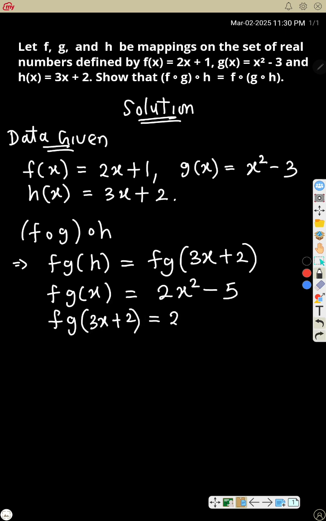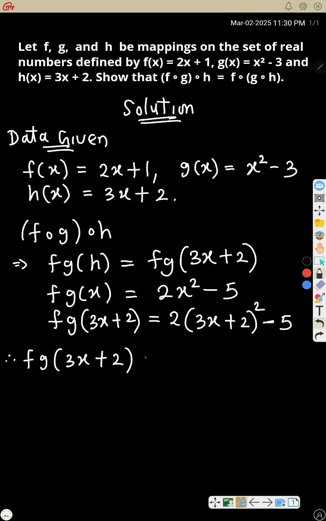So this will be 2 brackets 3x plus 2 squared minus 5. So we now have f of g of 3x plus 2 equals 2 brackets 3x plus 2 squared minus 5.